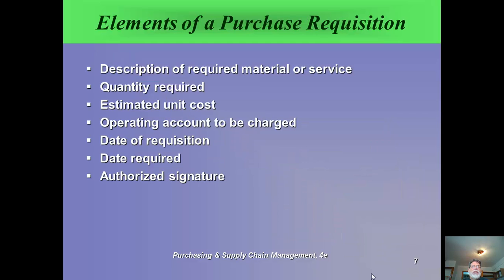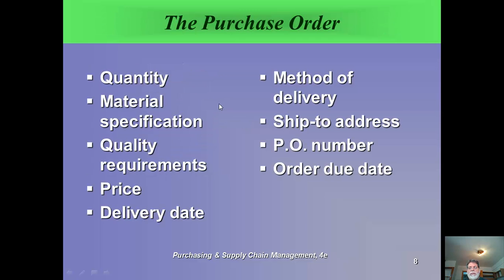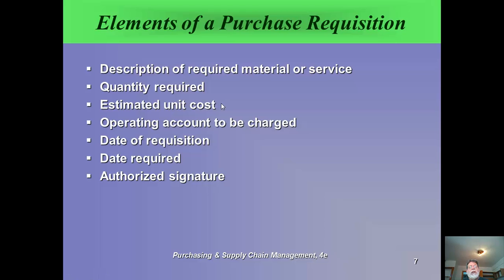Now I'm going to mention, I know this chapter is long, I'm just going to mention two parts of our documents. One is a purchase requisition, and I'm also going to discuss the purchase order. A purchase requisition is within the organization, and it describes what service or material you need, how much, what we think it's going to cost, and of course the estimated cost needs to be negotiated and so on.